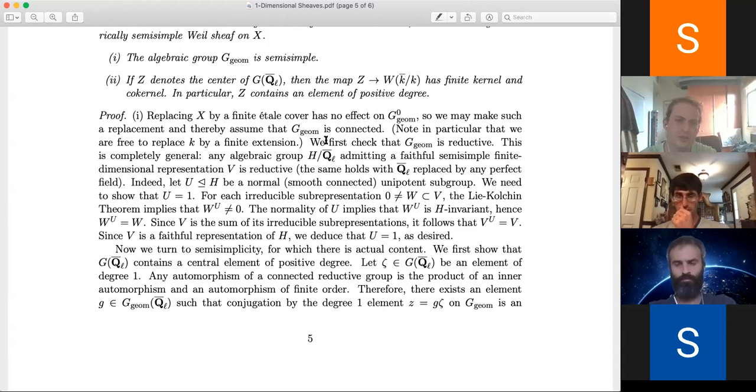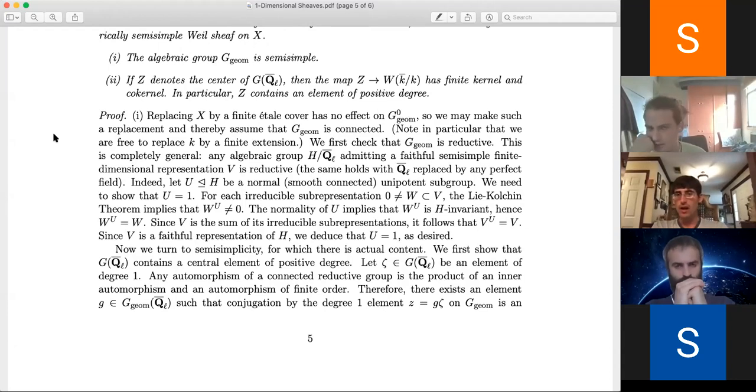Why is replacing by a finite étale cover not affecting the identity component? The reason is that it gives you a finite index subgroup of the fundamental group.